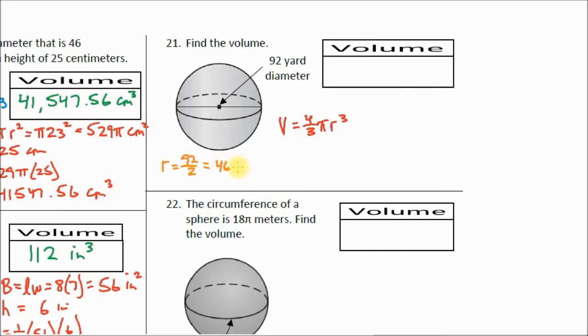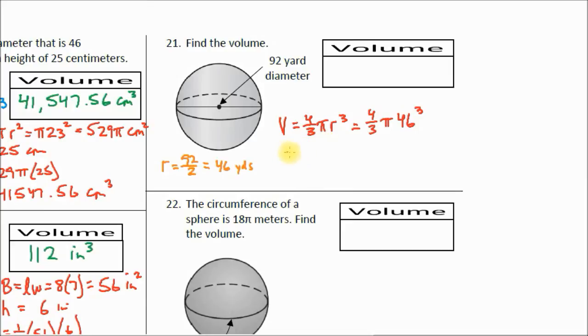So the radius is 46 yards. All right, that means we can just go ahead and plug this in. The volume is 4/3 times pi times 46 cubed.